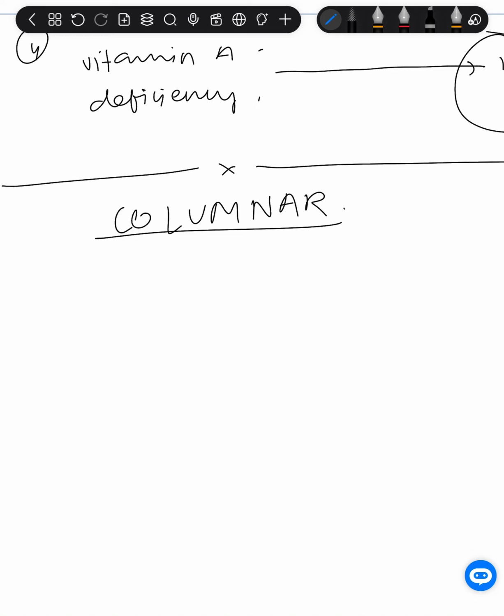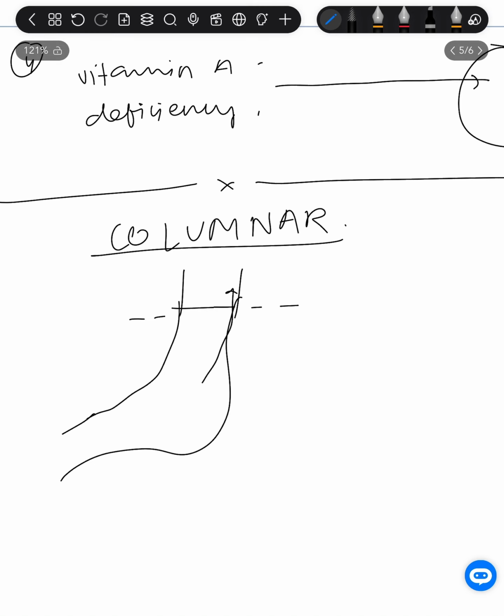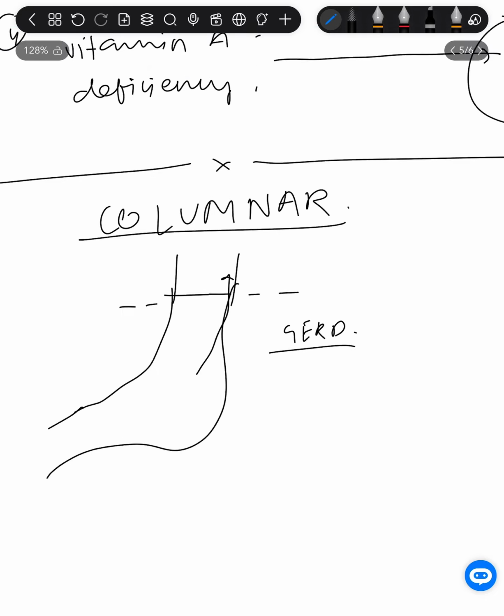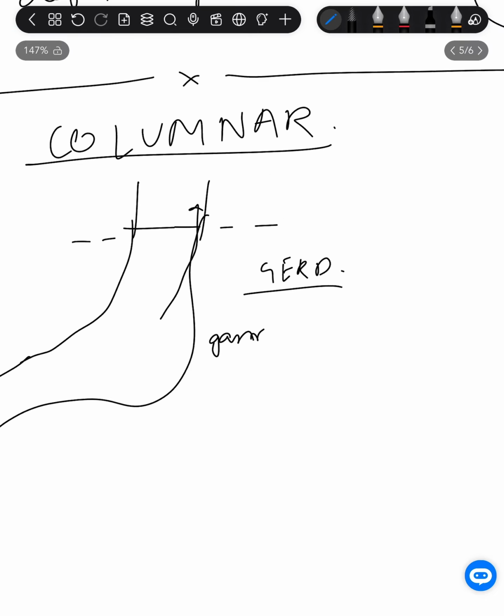What happens in Barrett's esophagus is, we all know that there is acid in the stomach, right? So this is the stomach. Pardon my drawing, I'm very bad at this. And this is the lower end of the esophagus. What happens is there is GERD, gastroesophageal reflux disease. The gastric acid here is going into the esophagus.